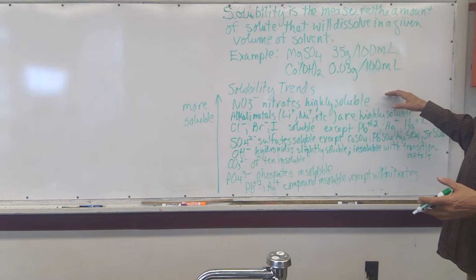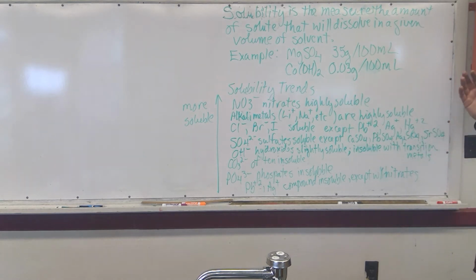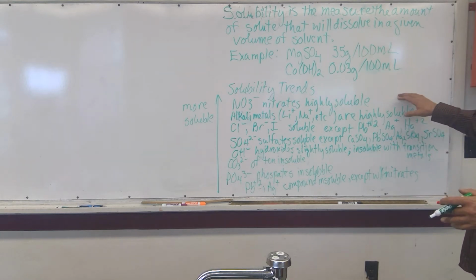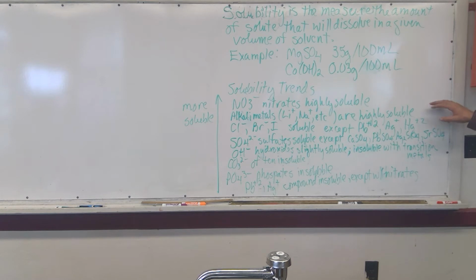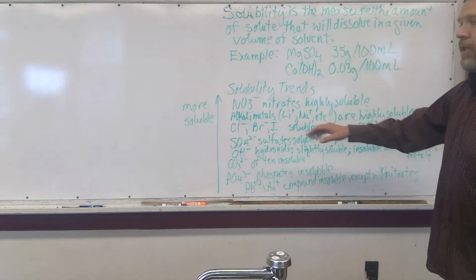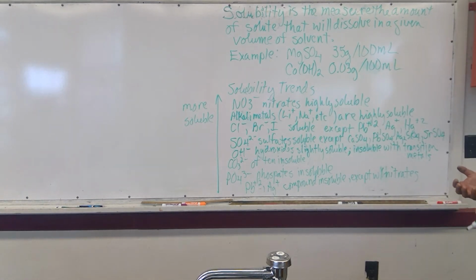These wind up being among the most soluble of all aqueous ionic solutions, with a metal cation and a nitrate anion. Also highly soluble are compounds where the cation is an alkali metal, like lithium, sodium, potassium, cesium, rubidium. They tend to form very, very soluble compounds.